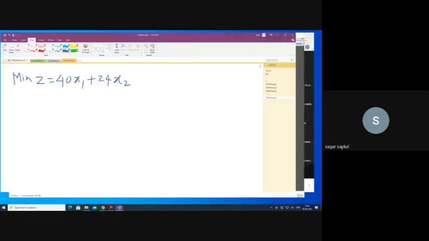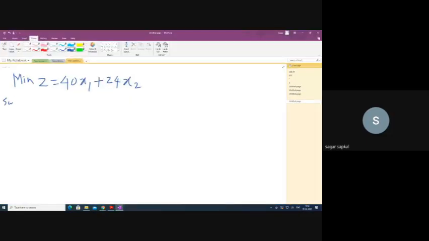Subject to, what are the constraints? First constraint: 20x1 plus 50x2 greater than or equal to 4800, minus s1 plus a1 is equal to 4800. We are writing standard form now.